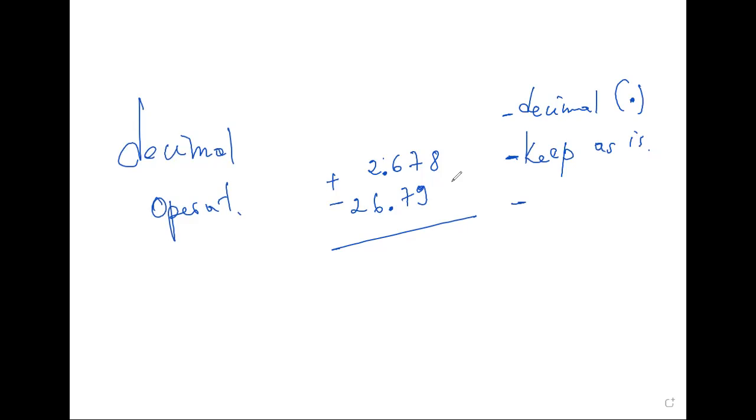And then replace space with 0. So if there is space, just replace it with 0. That's it. Like this one, there's nothing, it's just 0. And then do your calculations. As simple as that.